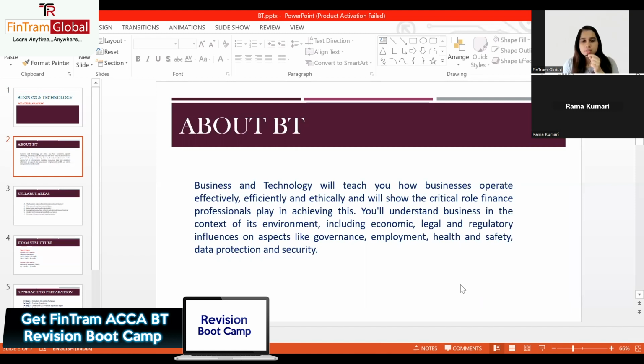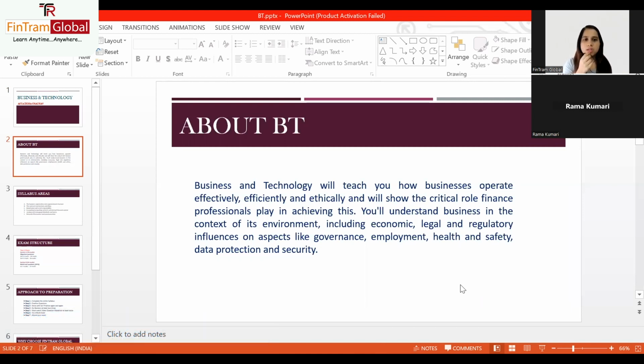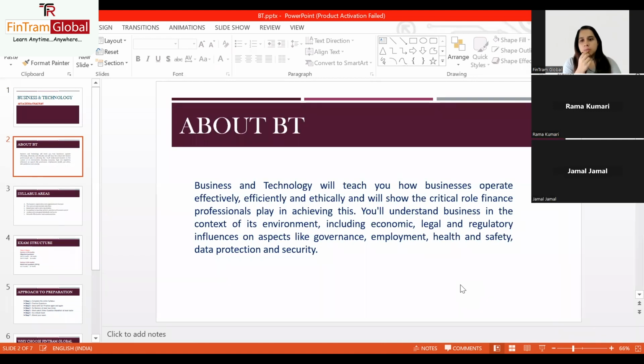So basically, since you have already given 12th, and I assume you would have done commerce, you would have studied business studies in your 11th and 12th commerce, right? Yes, ma'am. So business and technology is pretty similar to that. Many concepts of your business studies and economics are there in this subject.